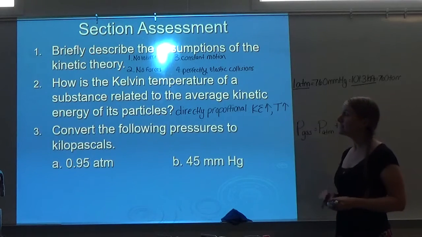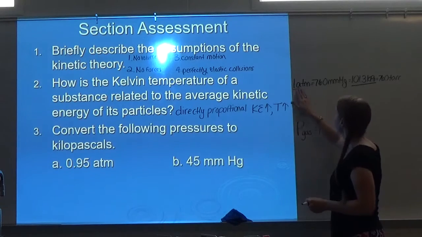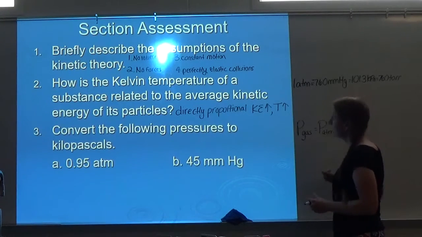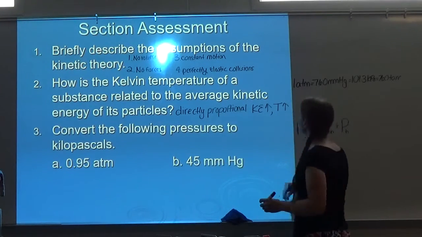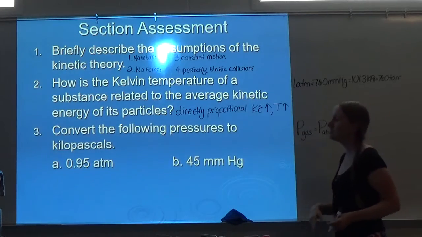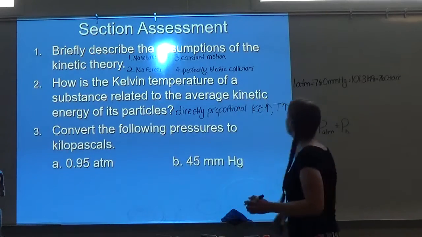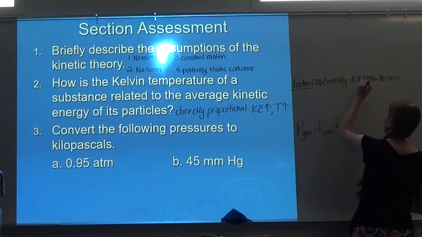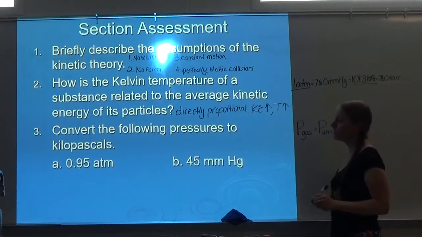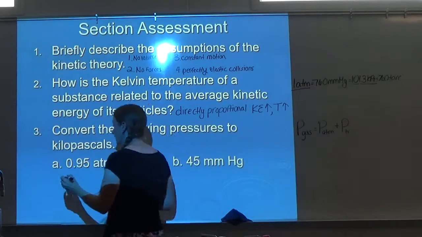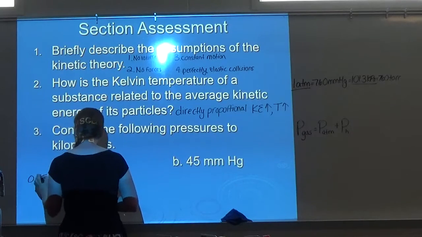So number 3, it says convert the following pressures to kilopascals. Alright, so we're going to use our conversion up here. So we have 0.95 atm. So we're going from atm to kilopascals. 1 atm is 101.3 kilopascals. So I start with what I know, which is 0.95 atm.